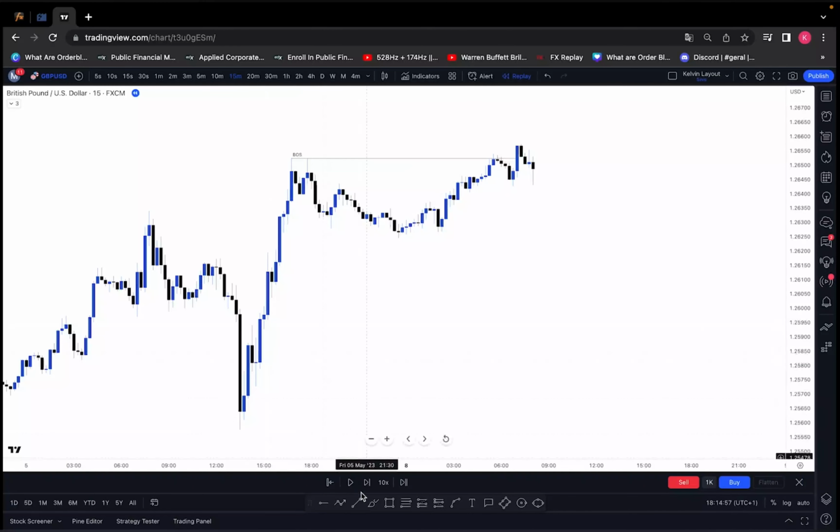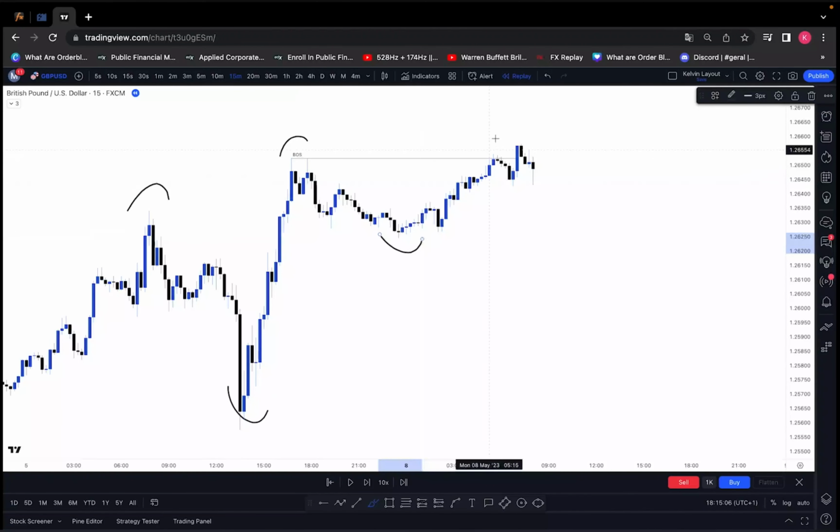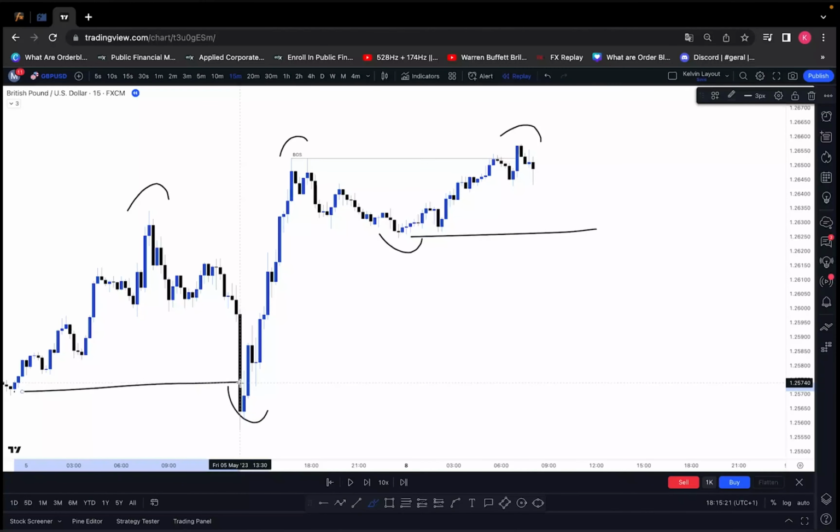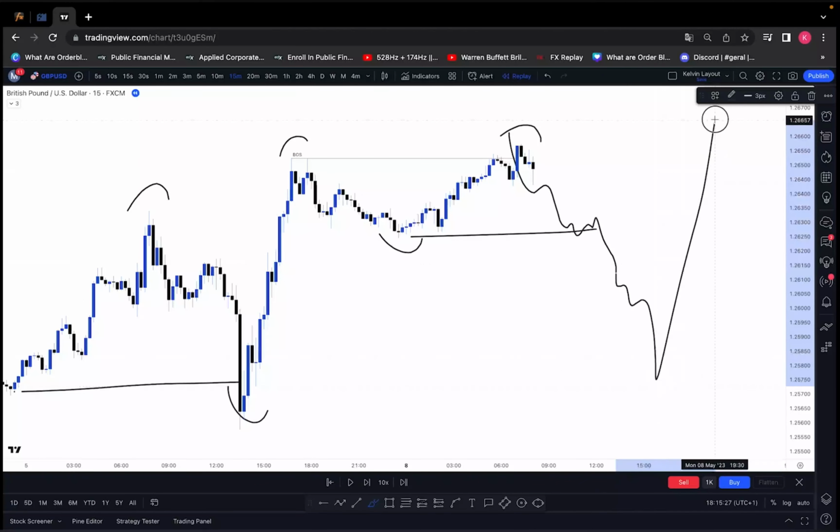Because if you look at the structure, we have this swing high, then we had this swing low, then price made this high, and then we have this low before price made this high, and we have so much imbalances sitting below. So my understanding was that, okay, maybe this will be used as a weak low, right? Because we have this very swing that swept a ton of liquidity below. And then we're more likely to see price coming down to these zones and then continue to move to the upside, right?